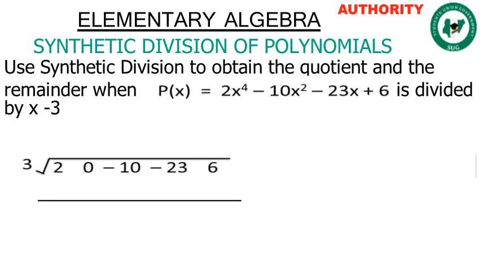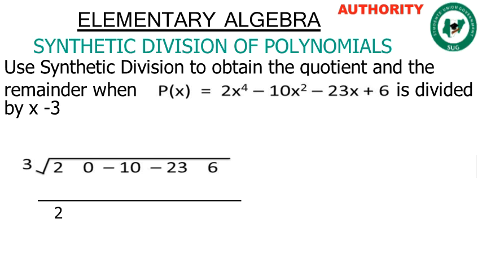Now the next thing we are going to do is this. We draw a line and bring down 2. As you bring down the 2, you say 3 times this 2. That is our divisor times this 2. What will it give you?